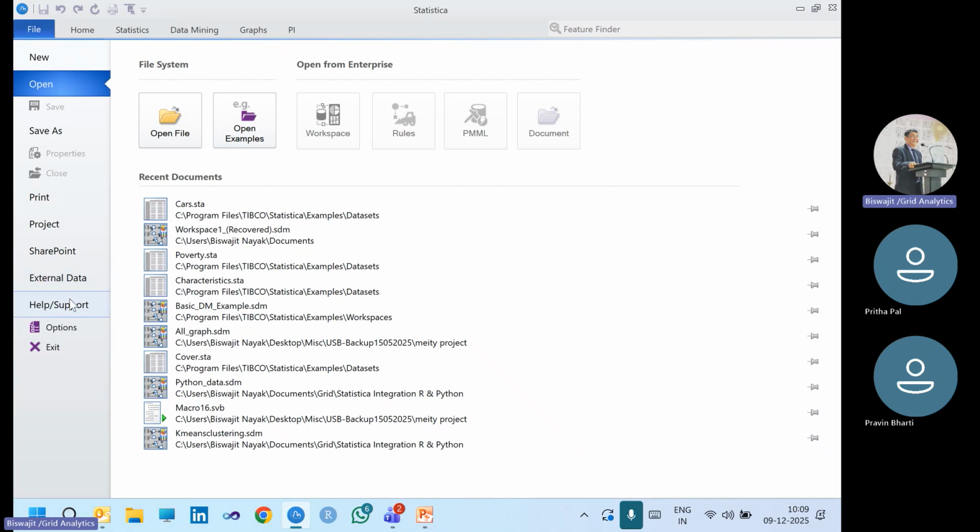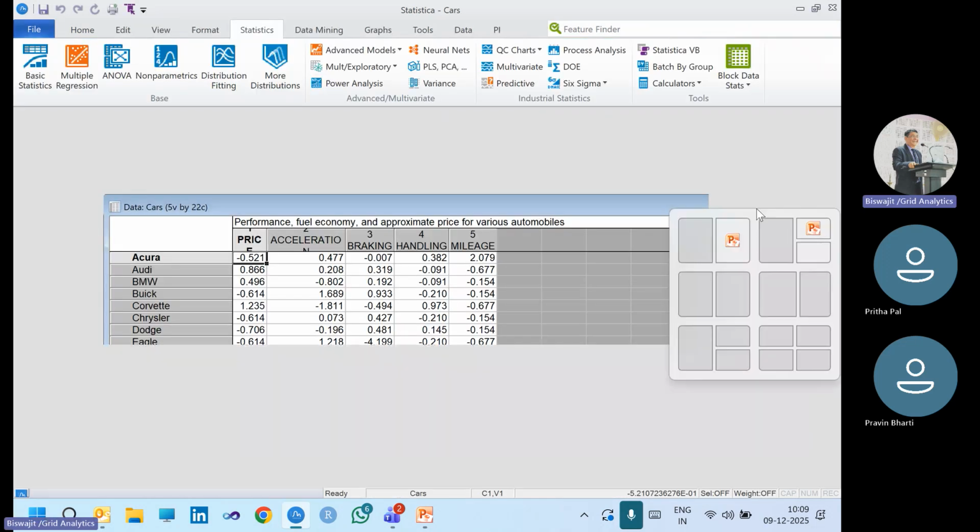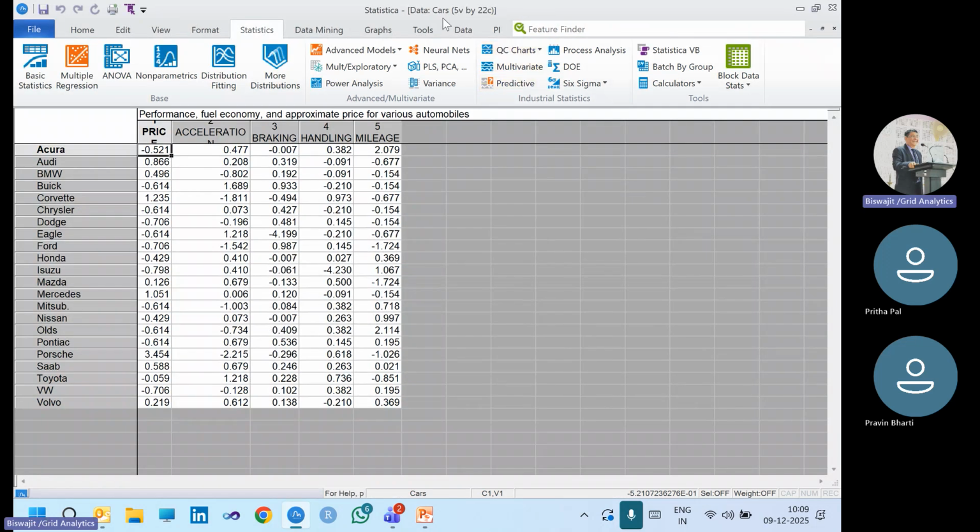Statistica software provides hundreds of inbuilt data sets for the purpose of self-learning. So I would pick up a data set from Statistica called cars.sta. I can view the volume of the data on the top. The name of the data set is cars, right?